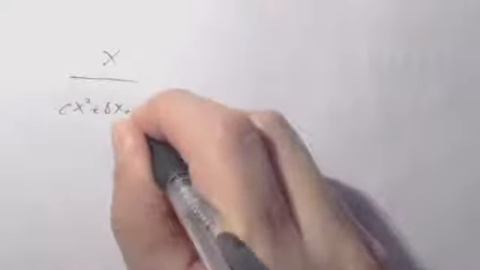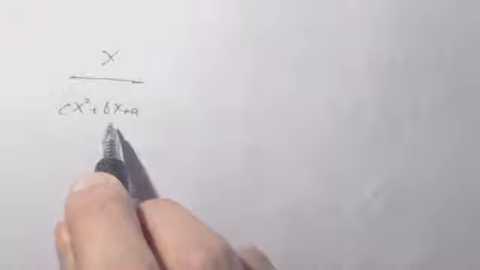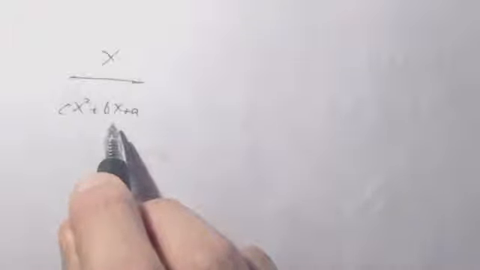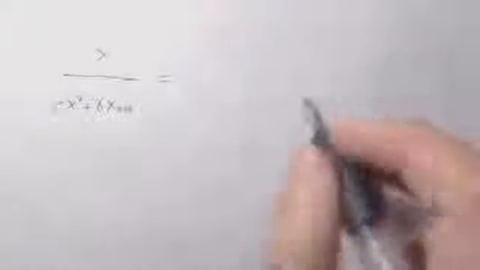So we're looking at x over c x squared plus b x plus a, and we know this has two roots, r plus and r minus, and the two roots are going to be different, which is good for when we expand it into partial sums.